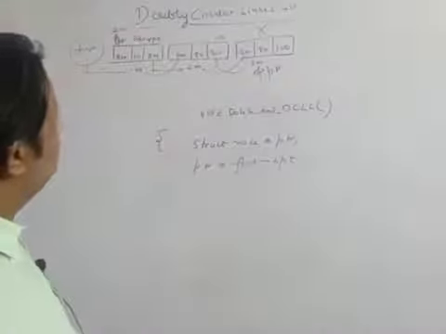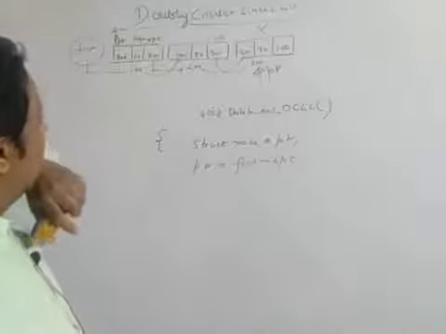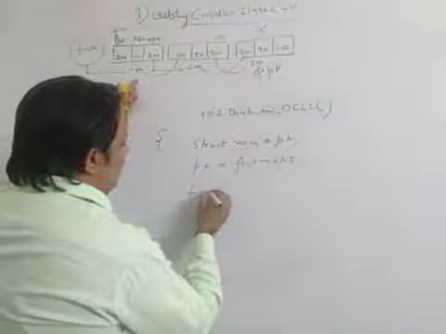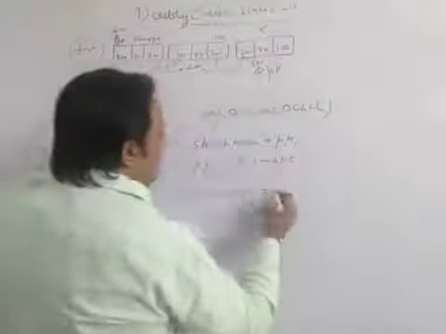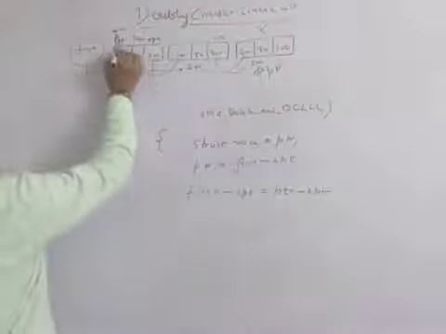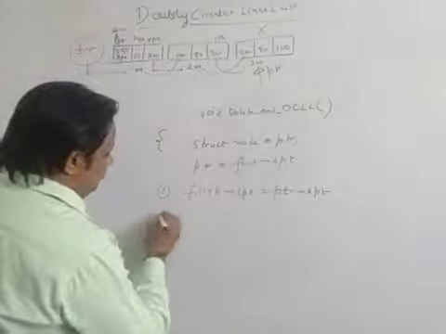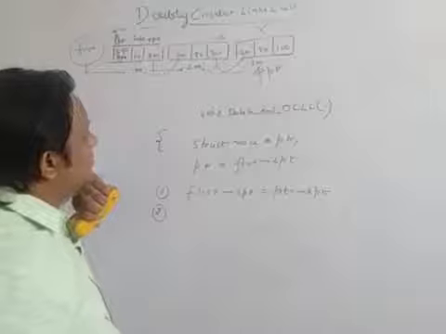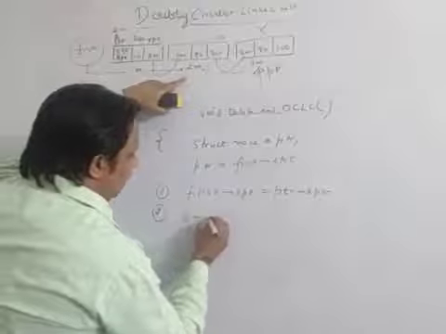Now the first address which I will change, I need a 200 in this block. So for 200, I will write first arrow LPT is equal to PTR arrow LPT. So now here comes your 200. Right? So first change done. Second change. I need 100 here. So how can I get the 100 here? 100 means you want this 200. So what I will do? I will write PTR arrow LPT.